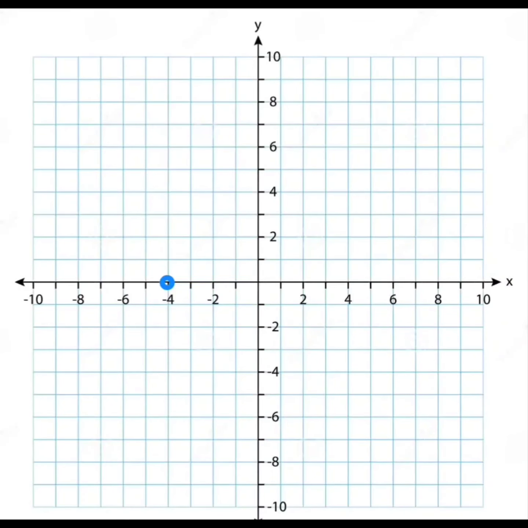Just a little review and reminder. Remember, when you have a point on either the Y or the X axis, you need to know where the 0 goes. There's always going to be a 0. So you can see right now the blue point is on the X axis.